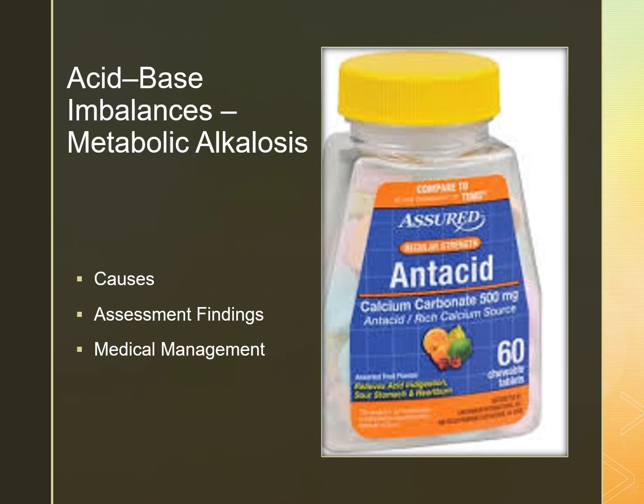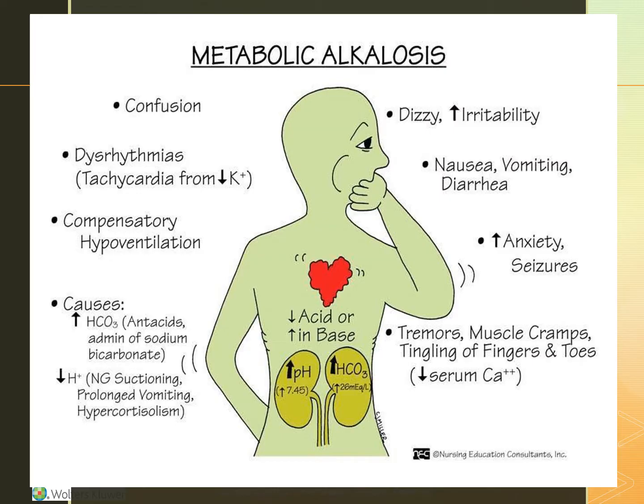These clients will experience anorexia, nausea, paresthesias, confusion, hypertonic reflexes, and decreased respirations. We're going to treat it by, once again, eliminating the cause, potassium administration, and sodium chloride administration. Another mnemonic to help you with metabolic alkalosis.